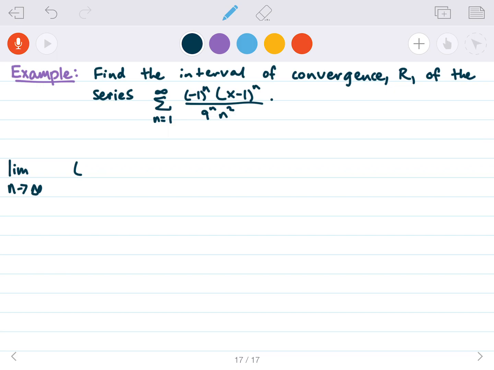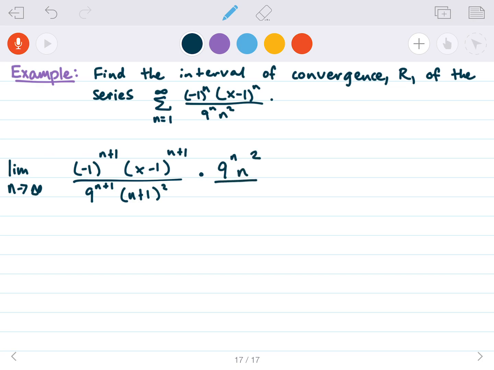So we have negative 1 to the n plus 1, x minus 1 to the n plus 1, over 9 to the n plus 1, n plus 1 squared, multiplied by the reciprocal. Again, I'm being a little bit lazy here, but hopefully you've seen enough examples to know what I'm doing. Multiplied by the reciprocal, so this is just our regular formula that we were given. And this is all in absolute value bars.